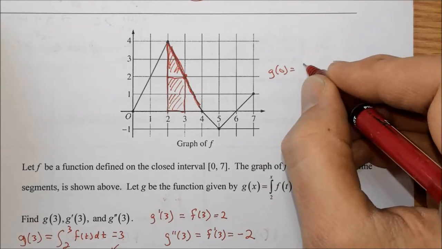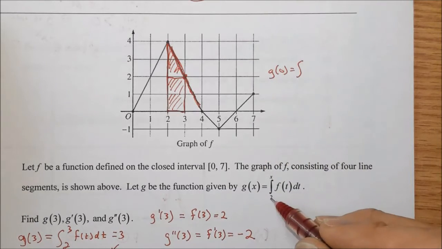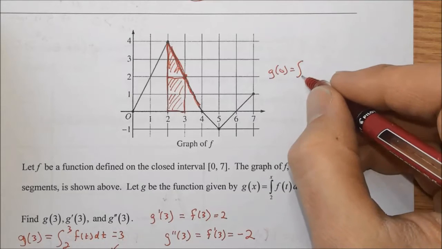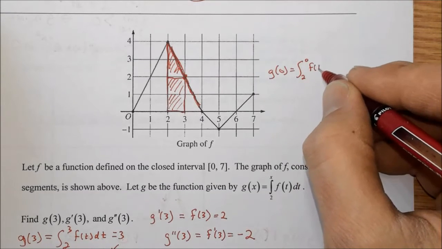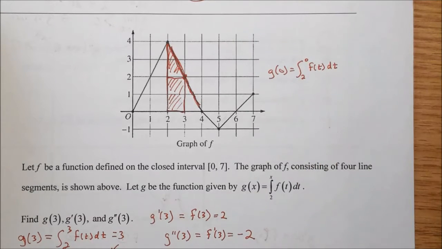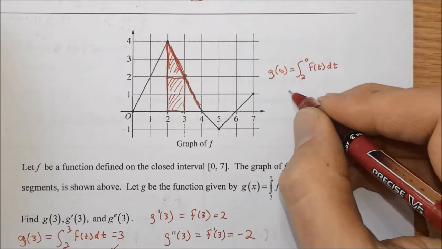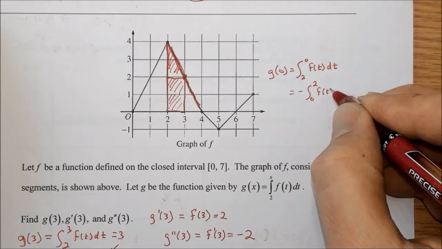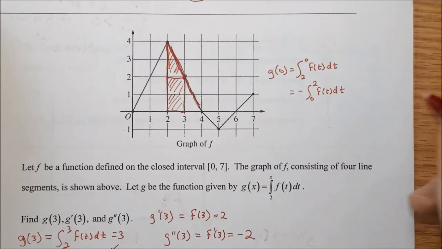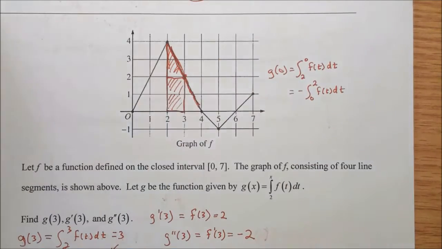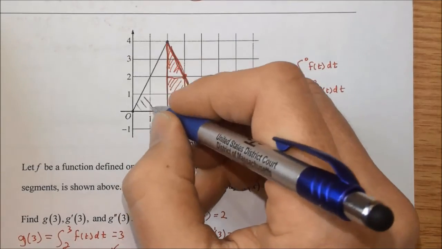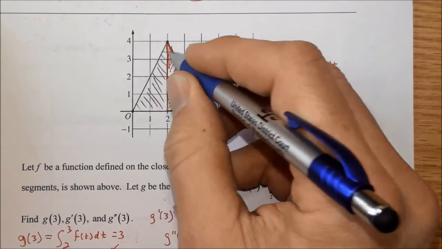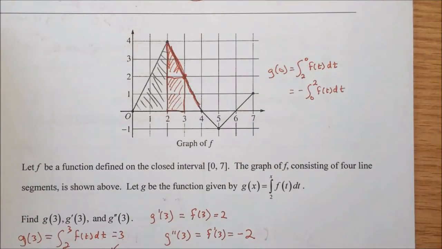is the integral from 2 to 0 of f. Now that's backwards, so it's equal to the opposite of the integral from 0 to 2 of f of t dt. So we're taking it, let me change colors here. We're looking for that area, 0 to 2.